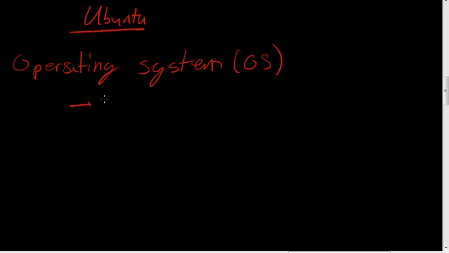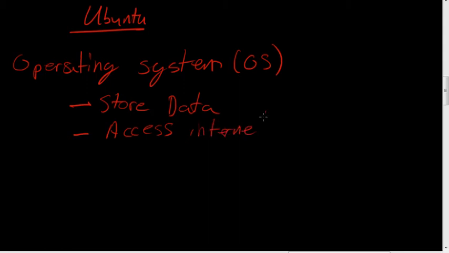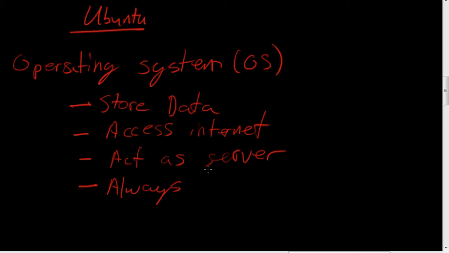It allows us to store data, access the internet, and generally act as a server. And if you have ever used a computer, you always need an OS. Unless you are an expert programmer and like to do stuff the hard way. Every time.